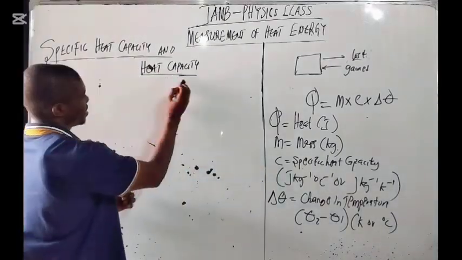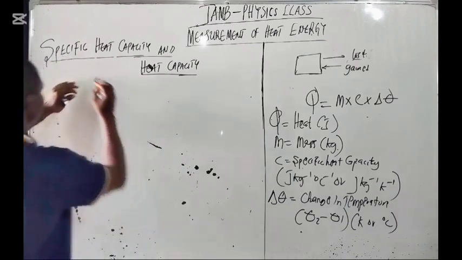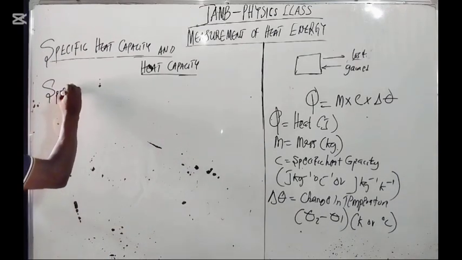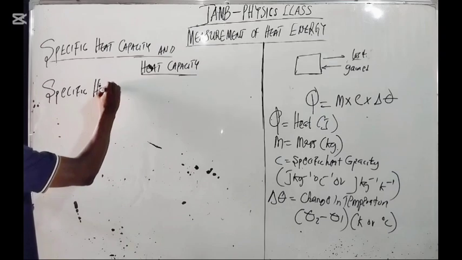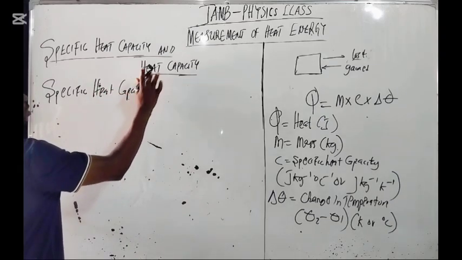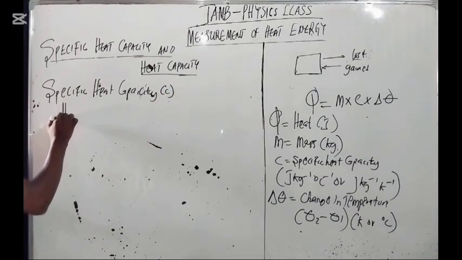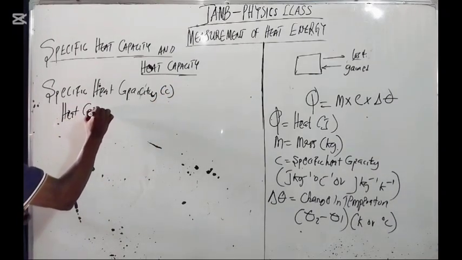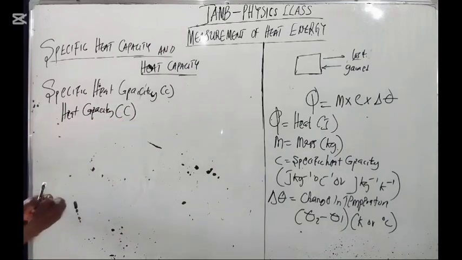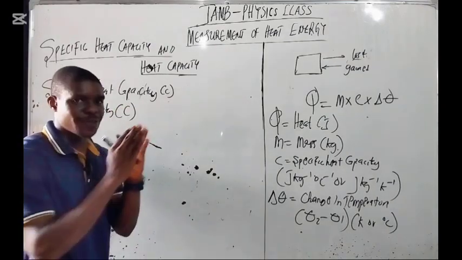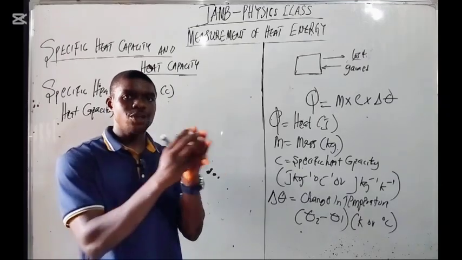So what is heat capacity? The heat capacity of a substance is defined as the heat required to raise the temperature of a substance by 1 degree centigrade or 1 kelvin. Now look at something here. Specific heat capacity is symbolized as small c, and you also have heat capacity, capital letter C. Here it must be 1 unit mass of that object.